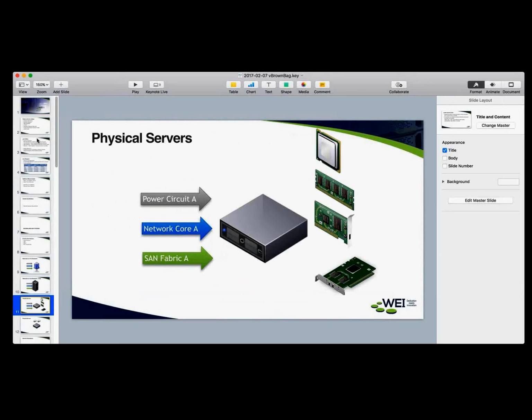However unlikely it is nowadays for a network card to fail, it's still a risk. And being aware of that as you're building the components that fit into a server, lines up with a lot of the objectives in 1.2 and other objectives. Because if the goal is to avoid failure and maintain the application's availability, removing as many of those single points of failure is really going to be key.